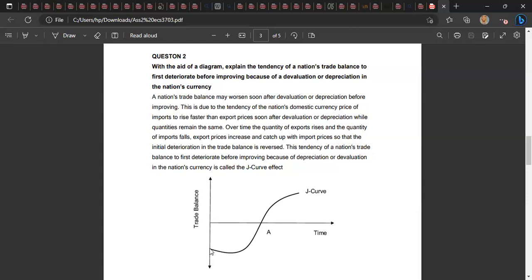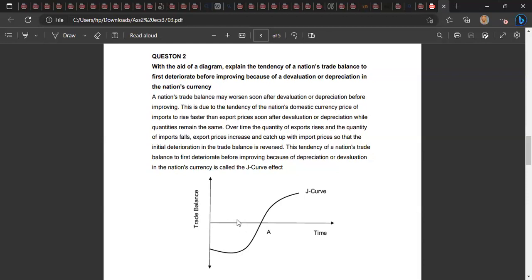For the first time period, we are basically going to be exporting the same quantities and importing the same quantities. But your imports have become expensive, so your trade balance is going to deteriorate a little bit. The exports being cheaper and the imports being more expensive result in this slight deterioration before the market can adjust. Once the markets adjust, it starts to improve.